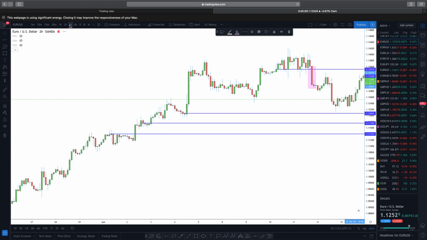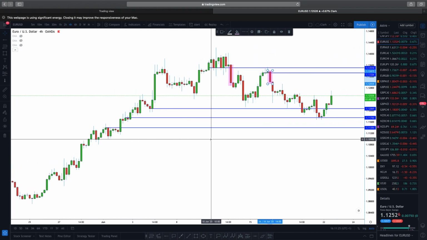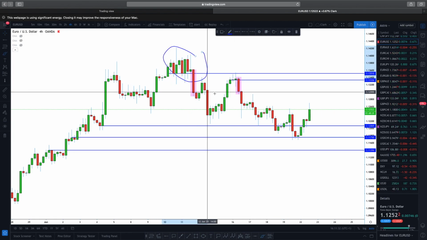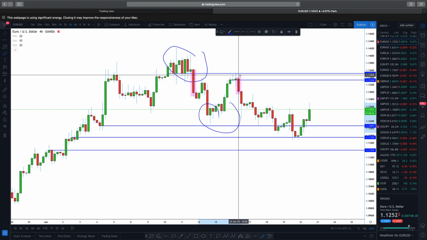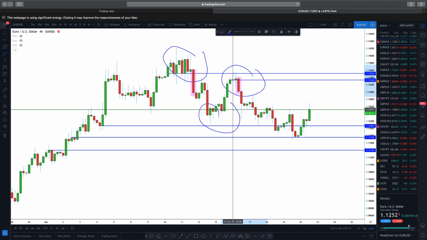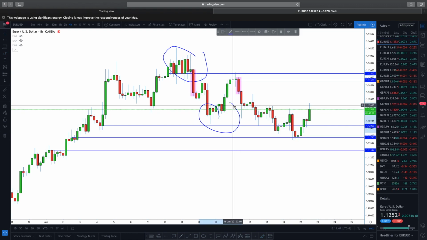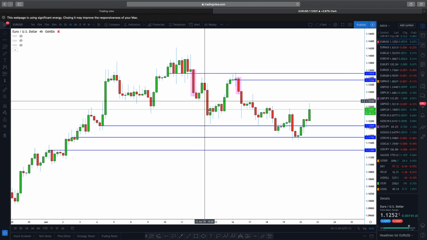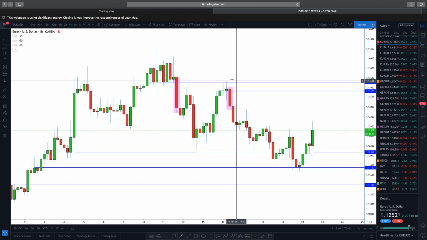Also, go back out to the 4 hour chart, you can see it's made a lower high. Price has made a high, it's made a low, it's made a lower high, and continues on. So this is what you're going to want to enter off of, the lower high.